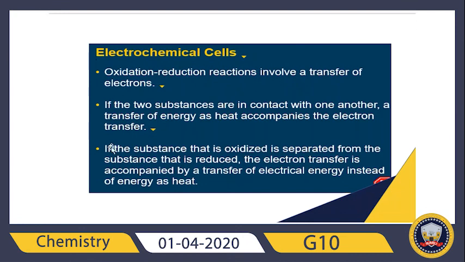While if the substance that is oxidized is separated from the substance that is reduced, as we will see in the electrochemical cell, the electron transfer is accompanied by a transfer of electrical energy instead of energy as heat. So what do we mean by this, guys? Let us see the next slide.